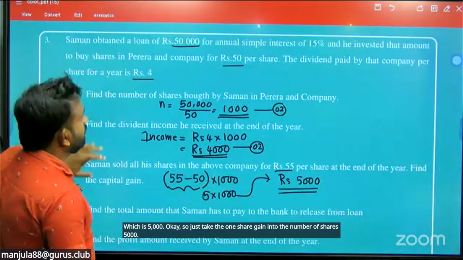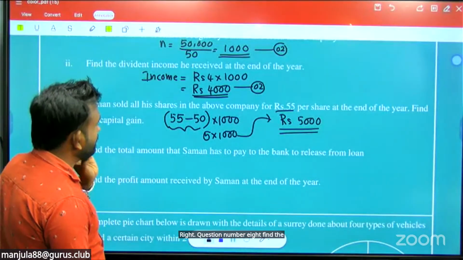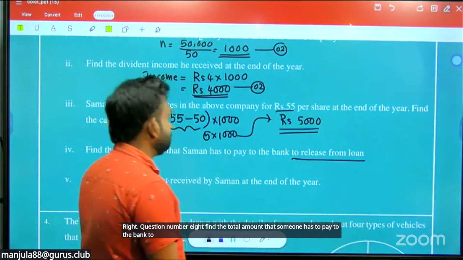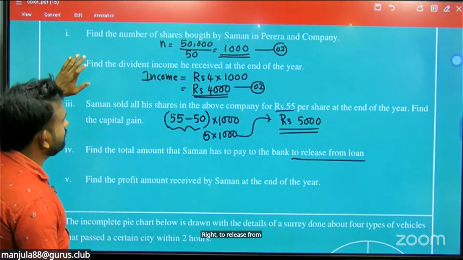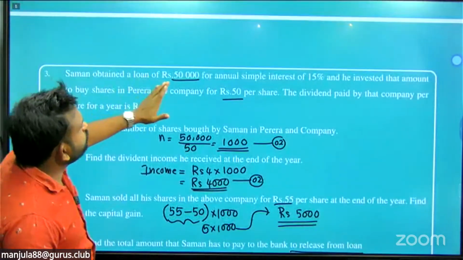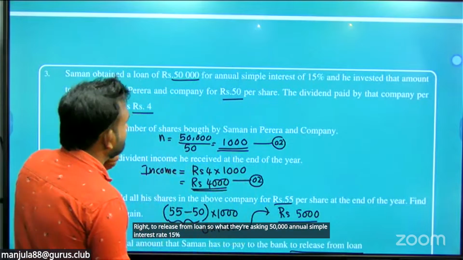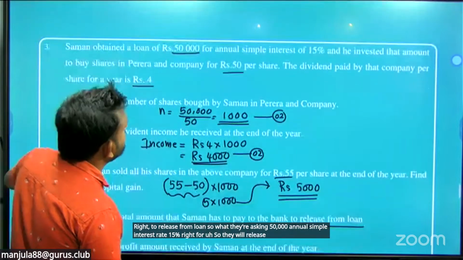Right, question number 8. Find the total amount that someone has to pay to the bank to release from loan. So what they're asking: 50,000, annual simple interest rate 15%. So they will release from a year, we will expect from year.